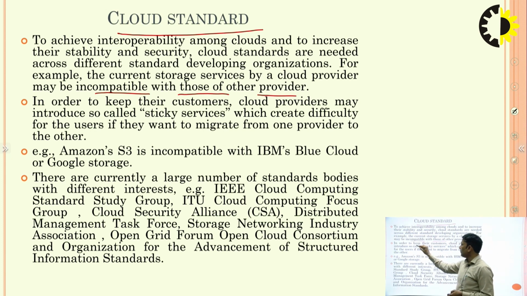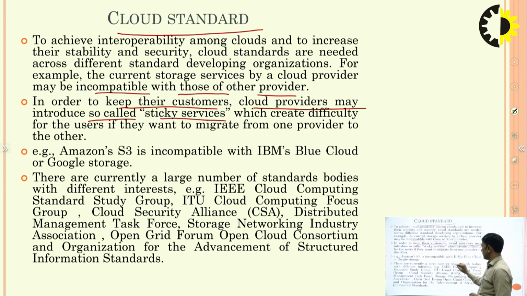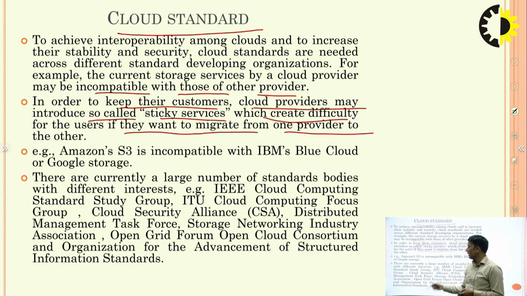In order to keep their customers, cloud providers may introduce so-called sticky services, which create difficulty for users if they want to migrate from one provider to another. For example, Amazon S3 is incompatible with IBM Blue Cloud or Google Storage.